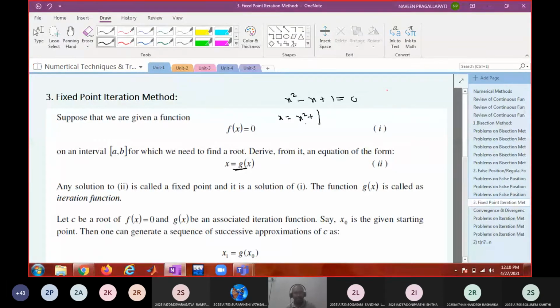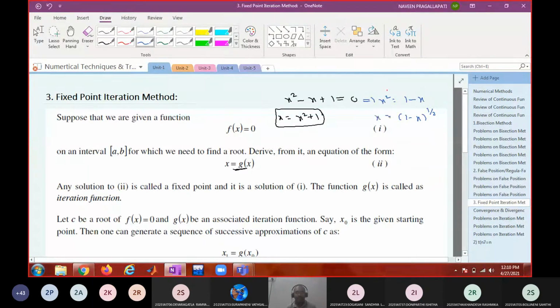This is one way. But is this the only way? I can write this as x square equal to 1 minus x, or x equal to 1 minus x whole power 1 by 2. Do you agree?